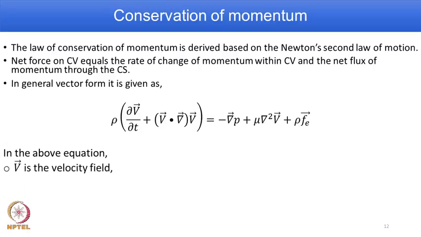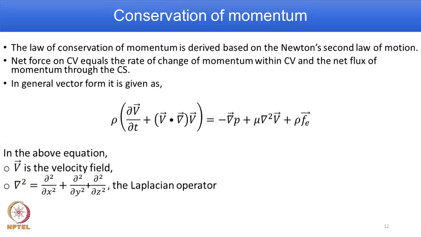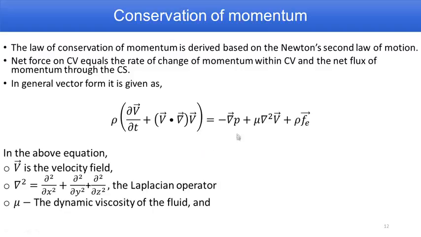Now V is the velocity field and this del squared V, which accounts for shear force, is a Laplacian operator, given as del squared by del x squared plus del squared by del y squared plus del squared by del z squared, and mu we know is the dynamic viscosity of the fluid.